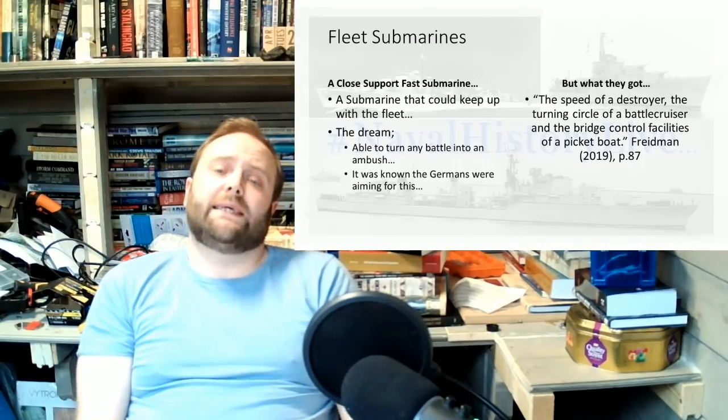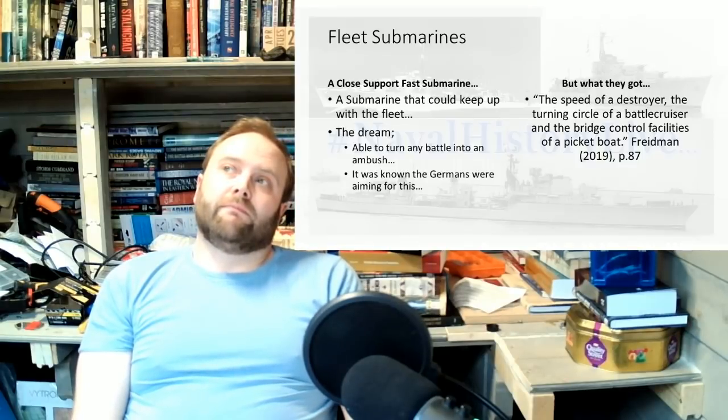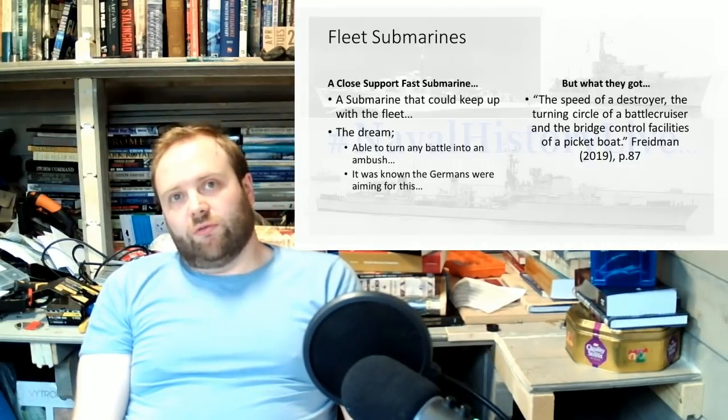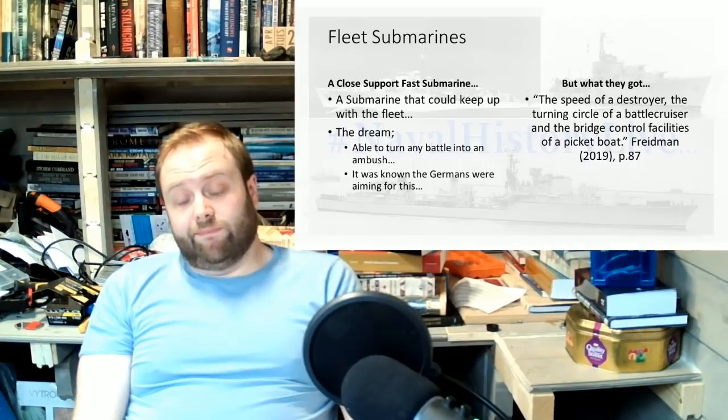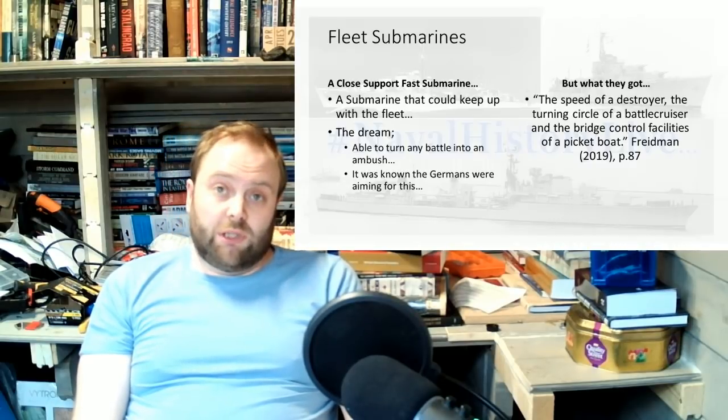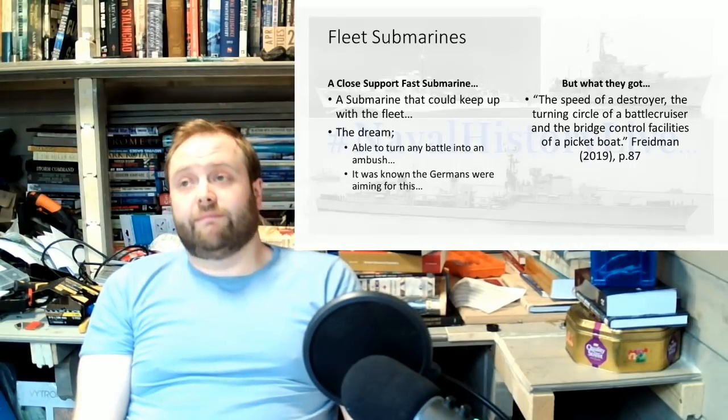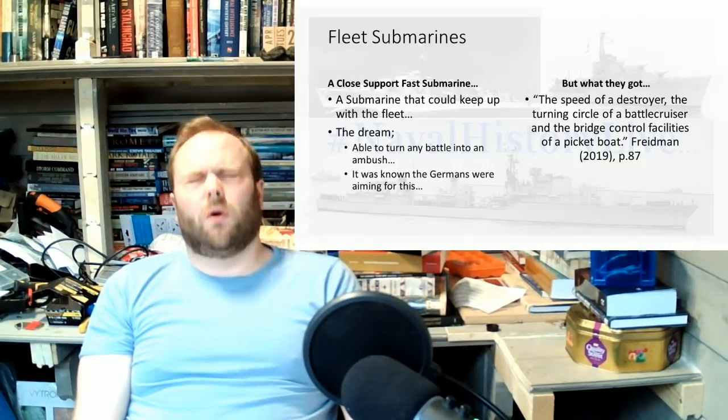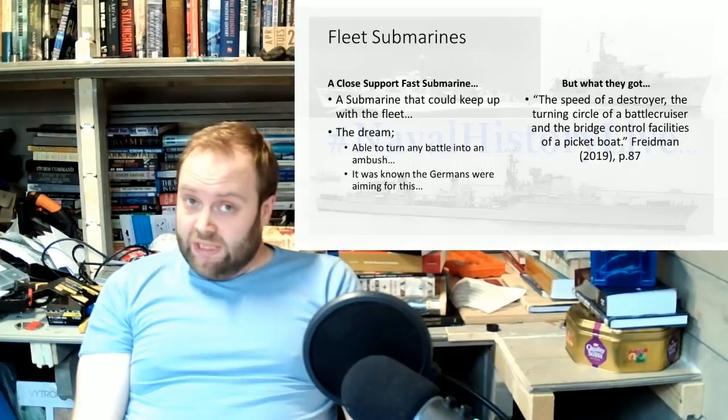The trouble is this. Keeping up with a pre-dreadnought fleet is one thing. Keeping up with battleships is another thing. Keeping up with battlecruisers, oh my lord, is another thing entirely.